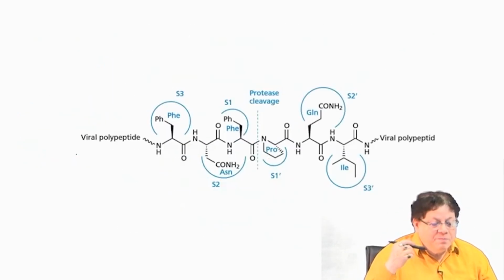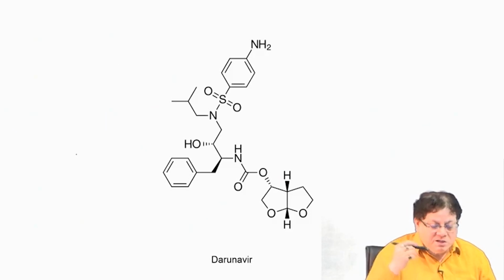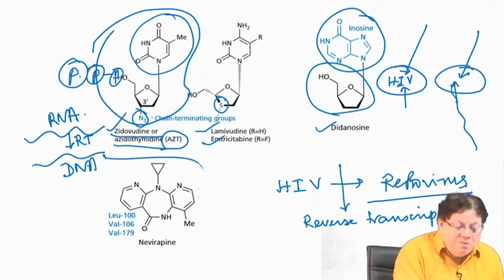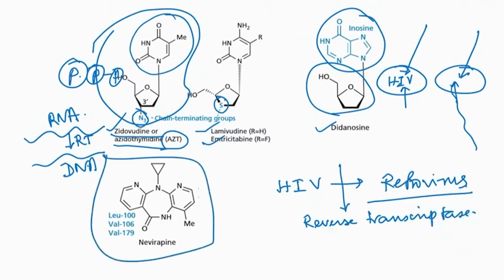Let me see whether the structure, no, that is not the one, sorry, I think I will, yes, nevirapine is a drug which is an allosteric inhibitor of reverse transcriptase.